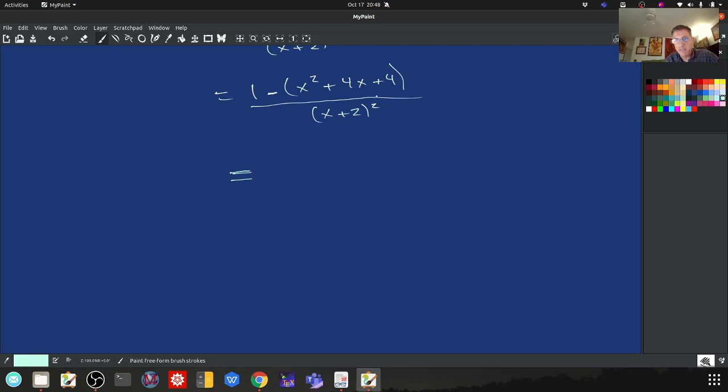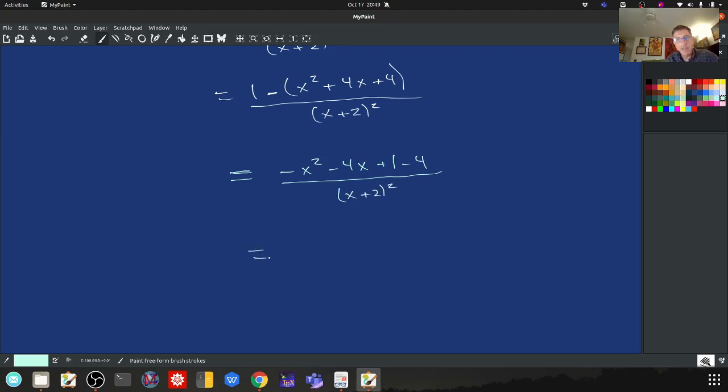So now let's simplify again the numerator. That's minus x squared minus 4x, and then plus 1 minus 4, all over (x plus 2) squared.